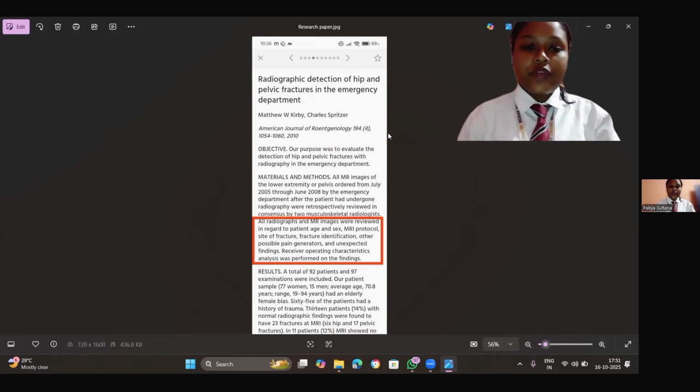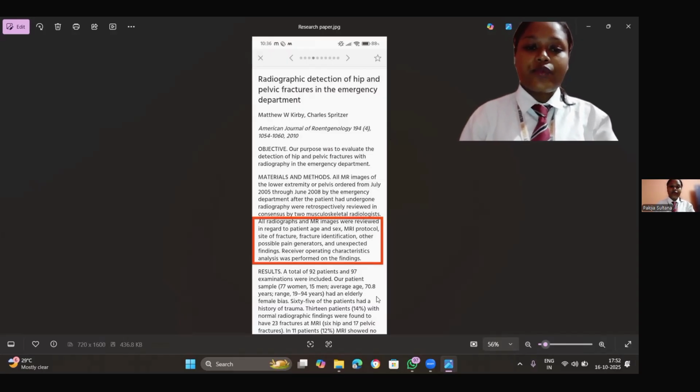The researchers reviewed all MRI scans of the lower extremity and pelvis that were ordered by the emergency department between July 2005 and July 2008. Importantly, these MRIs were done after the patient had already undergone radiography.